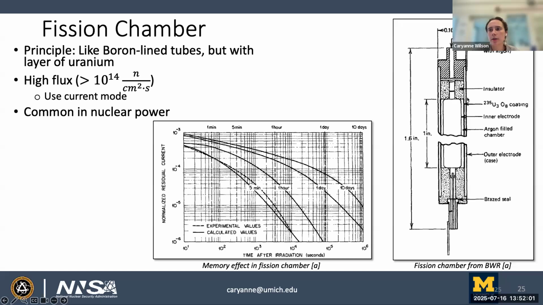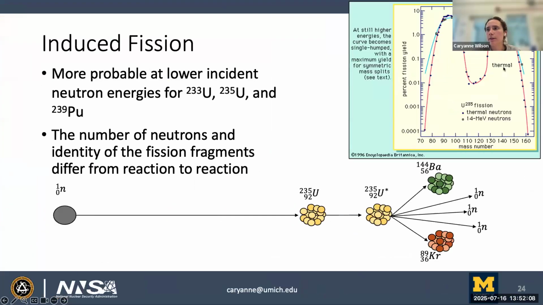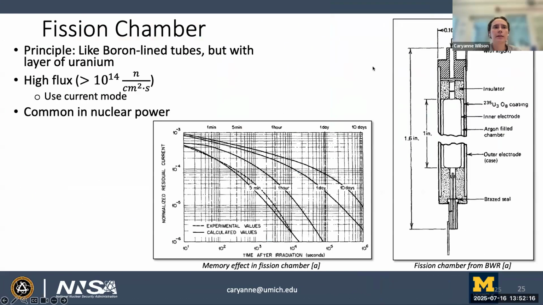As we talked about, gamma rays won't deposit as much energy in gas, and you have these pretty heavy fission products, with mass numbers between 70 and 160, depositing much more energy into the fission chamber. And then you're also operating this in current mode rather than in pulse mode, and so that also helps with the high count rates.